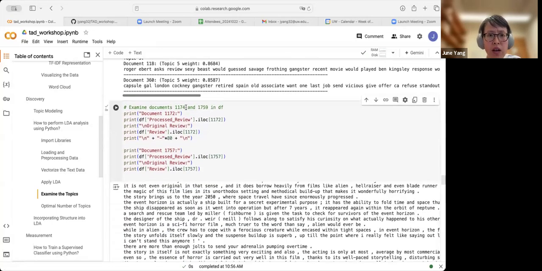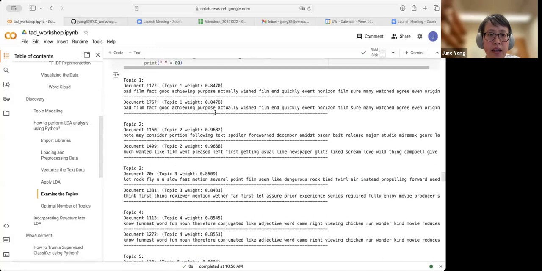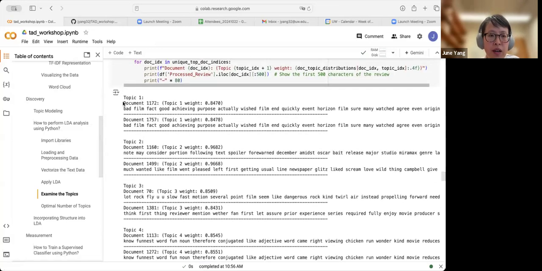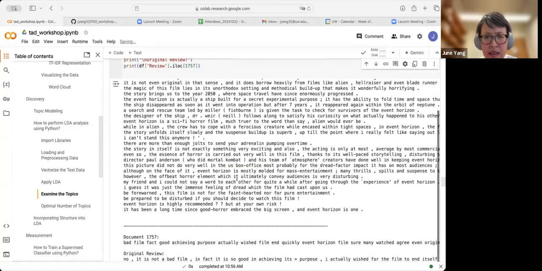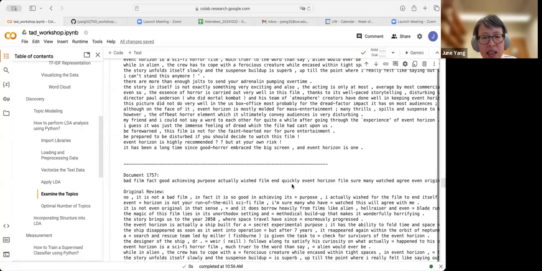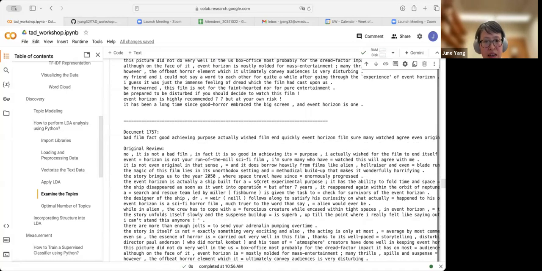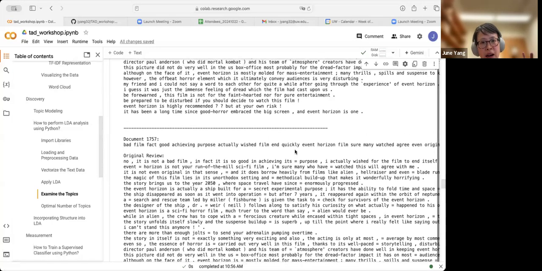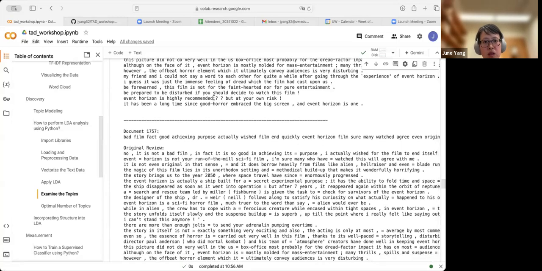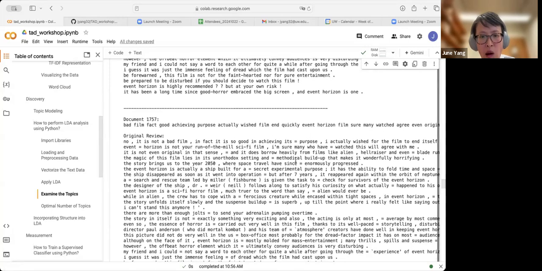So here we want to examine document 1174 and document 1759 in this data frame, which both appear under topic 1, and it's really giving us weird model results. So we want to see what the raw text is here. The TLDR version of this discovery is that they're not exactly the same, and they might differ by some specific punctuation or some specific noise, even when we dedupe based on the processed text column.